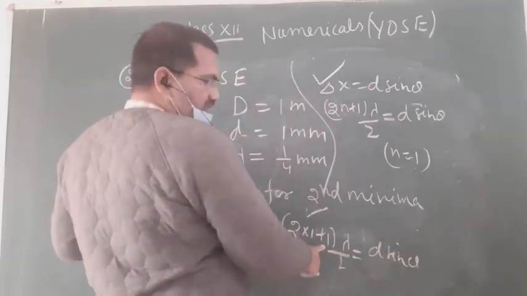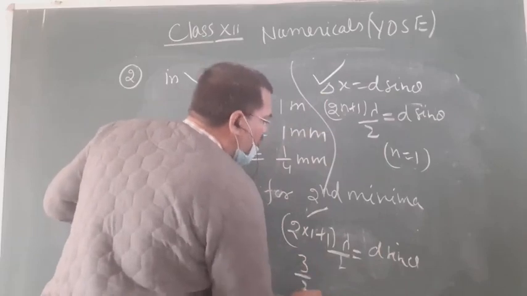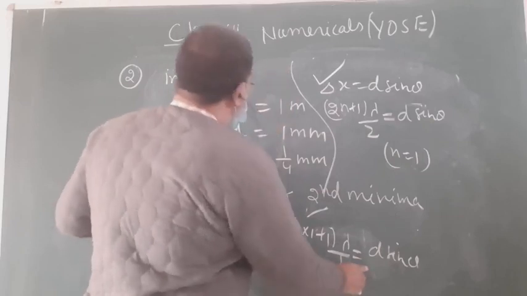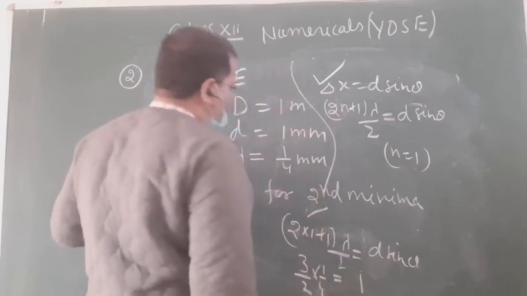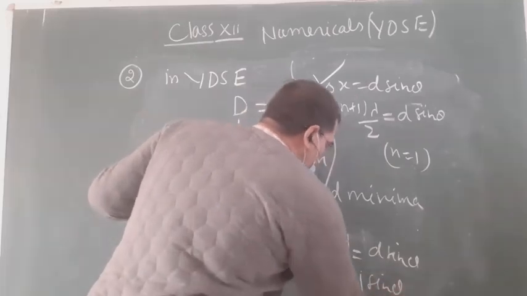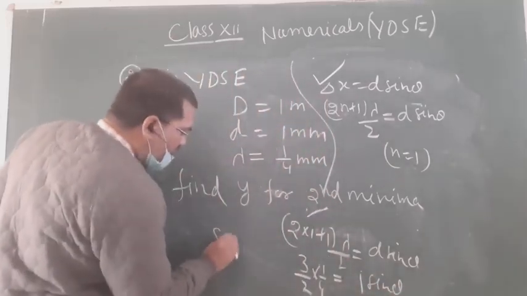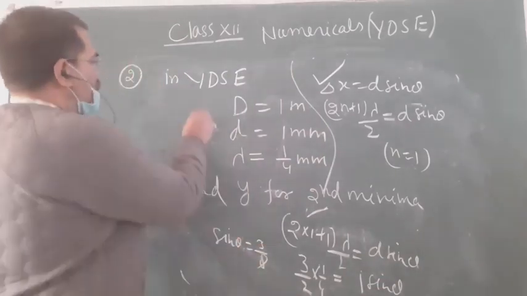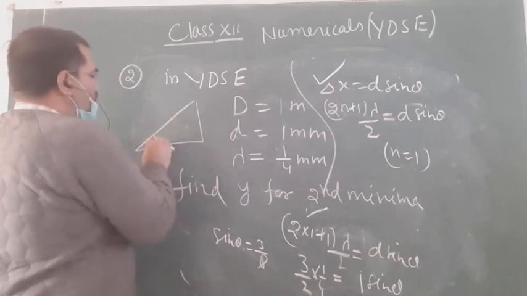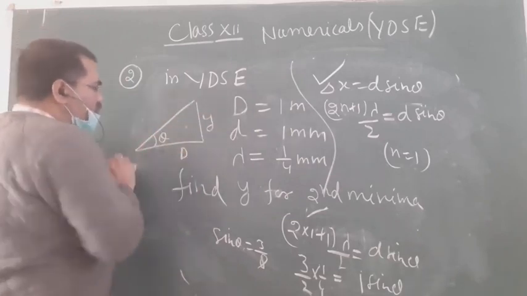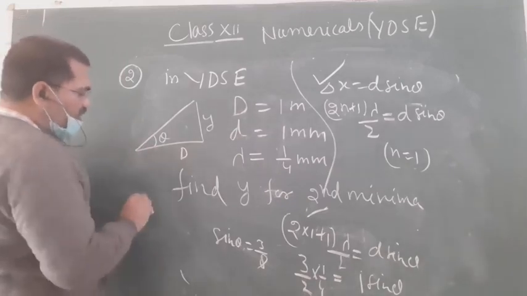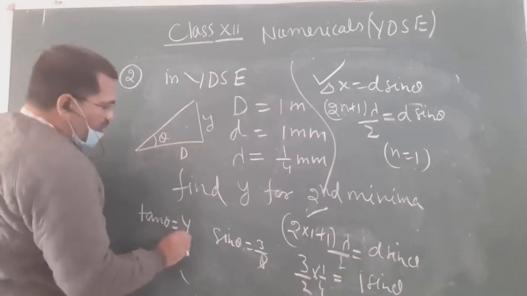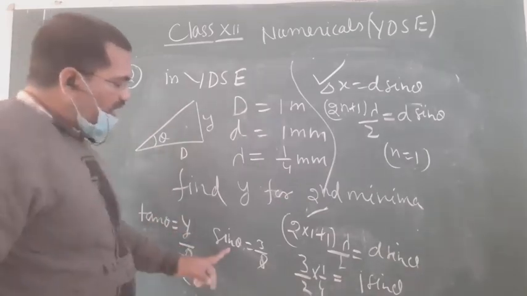So 3 by 2 lambda, with lambda equal to 1 by 4, and d equal to 1, sin theta. So sin theta equal to 3 by 8. As we know, this is theta, this is y, this is D. So tan theta will be y upon D. So find tan theta first.